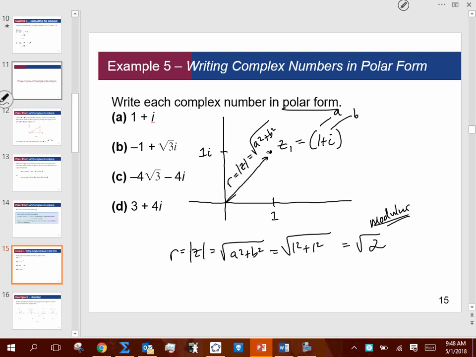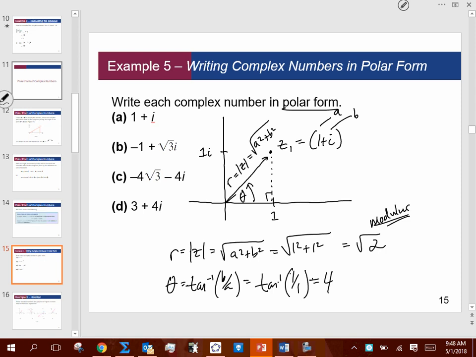Okay? Theta is looking at this angle right here. And theta is going to be found by taking tangent inverse of your b value divided by your a value, your imaginary coefficient divided by your real. And what would that look like? Tangent inverse of 1 over 1, right? Which is just 1. What angle will give me a tangent value of 1? 45. Okay?